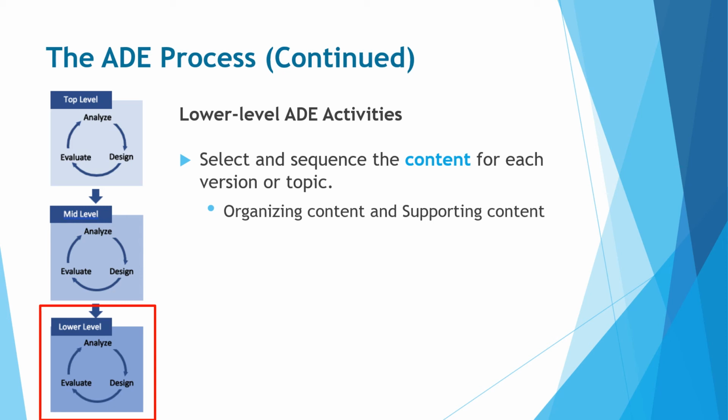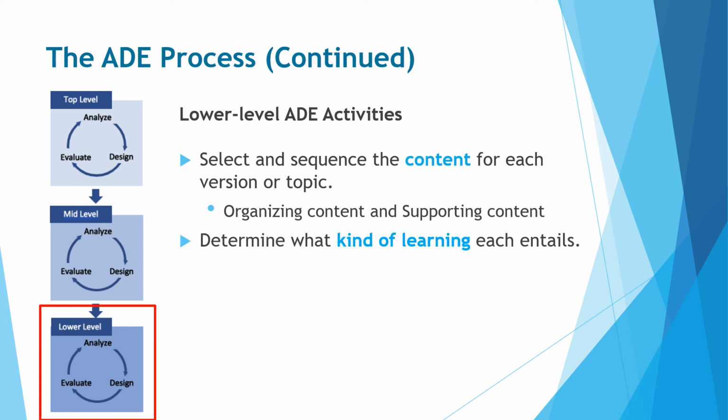This includes organizing content, which is used to form the basic structure and sequence of the instruction, and supporting content, which is plugged into the sequence of organizing content wherever it is most appropriate, typically in a just-in-time manner. Organizing content is like a skeleton of a body, whereas supporting content is like the flesh on the skeleton, and includes information, understandings, skills, and attitudes.